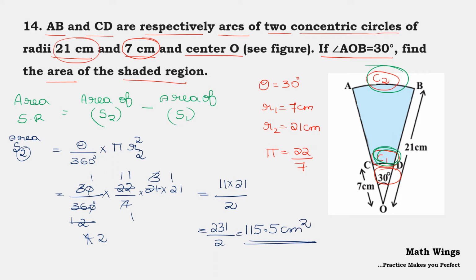So just remember this value so that we can substitute it later. What we got is S2 as 115.5 centimeter square. We have to now find the area of sector 1.